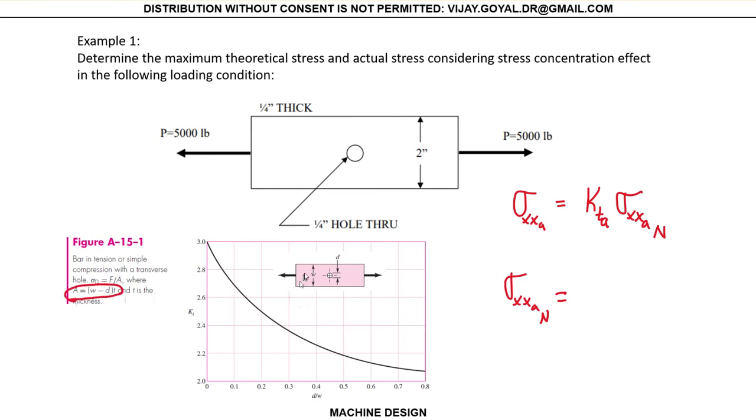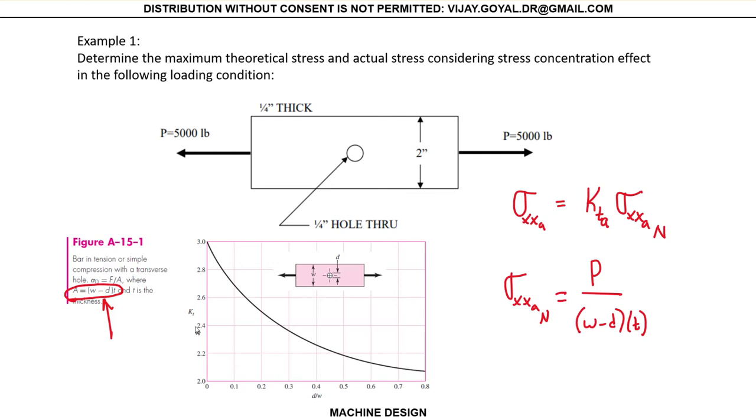That would be the total load divided by (W minus D) times T. I always look at the table chart, and the chart will tell you what the A is. So that's the A you need to use in the analysis.